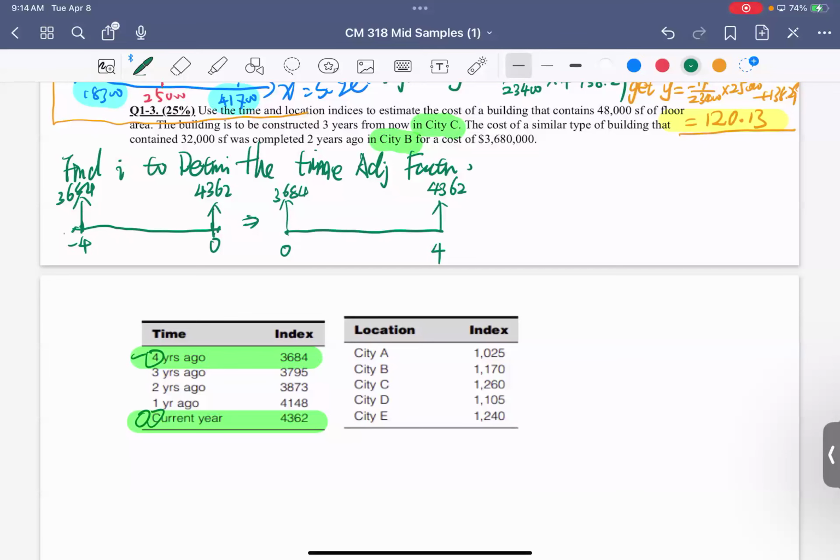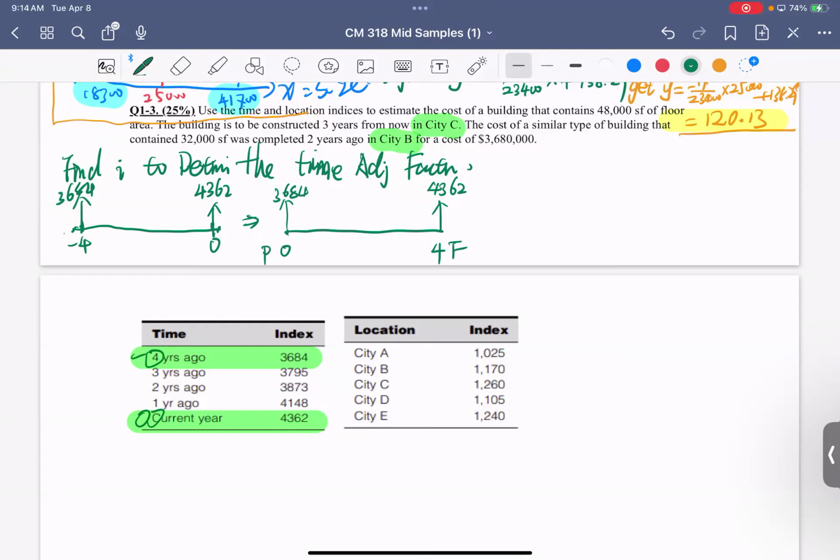The reason we do this is because something years ago is not familiar to us; we want to see the current year and then the future. That is why we see the P and the F here.